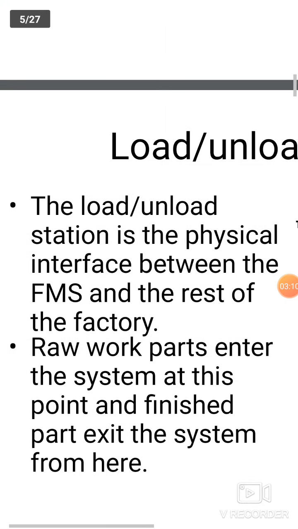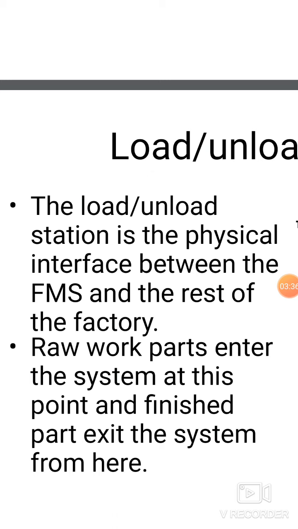What do we mean by loading and unloading? The loading and unloading station is the physical interface between FMS and the rest of the factory. Raw materials and raw workpieces are brought from the factory so that the products can be manufactured.